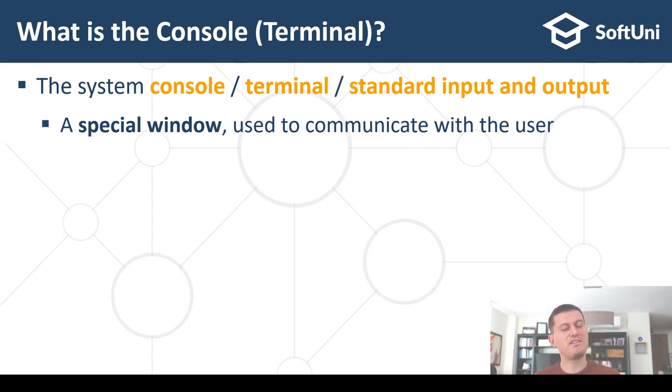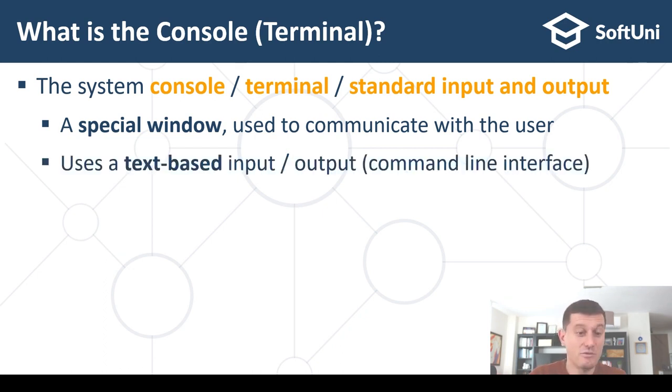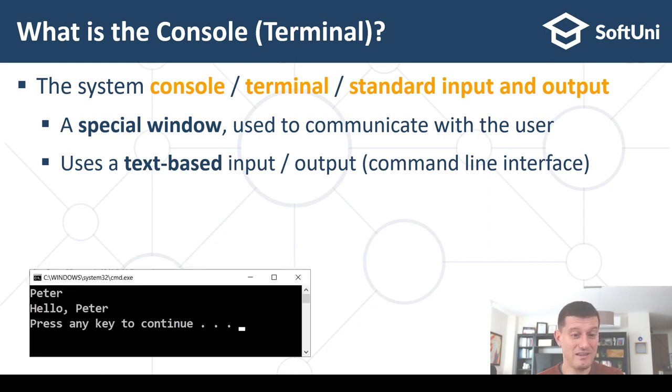The program processes this data and prints some output, which is also text-based information. So the console uses a text-based input and output. It's a text-based interface, or it's called command line interface because we can send commands through this input and output text data. So this is how it could look like.